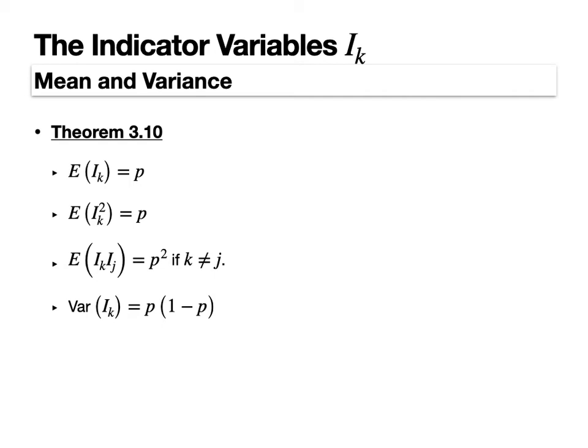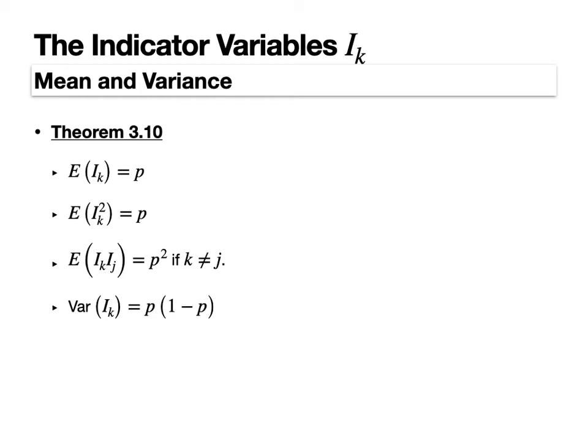So the expected value of I sub k times I sub j, where k is different than j, turns out to be P squared. And then from that, we're going to be able to find that the variance of I sub k is P times 1 minus P.